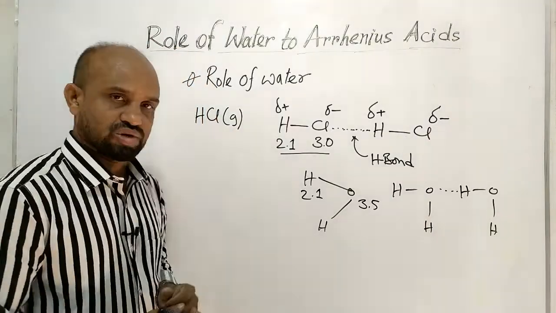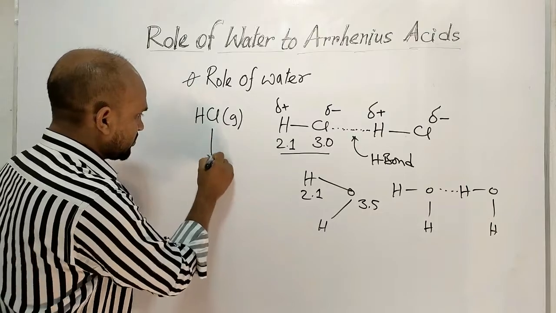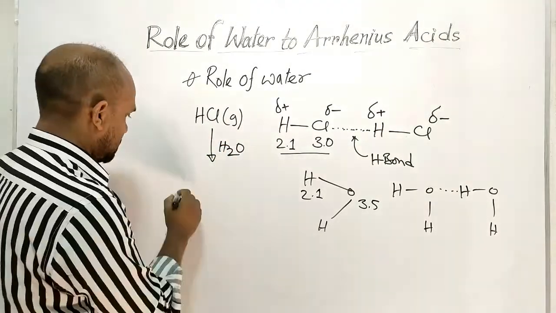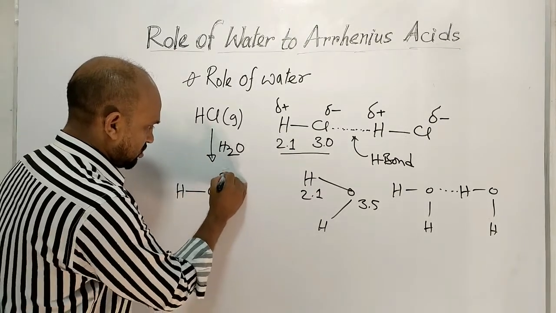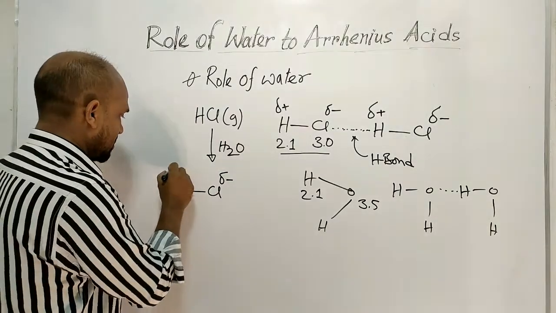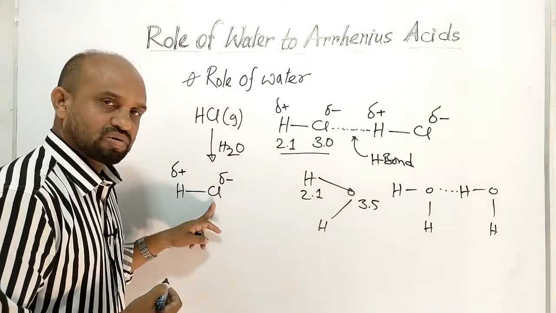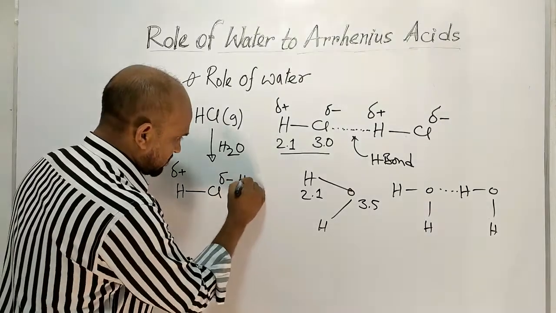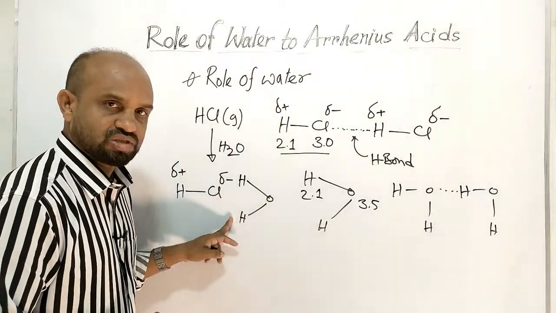This is hydrogen chloride. But when this hydrogen chloride is dissolved in water, what happens? Let's see. Chlorine gets partially negatively charged, hydrogen gets partially positively charged. This negatively charged chlorine is attacked by the water molecule with its positive end.